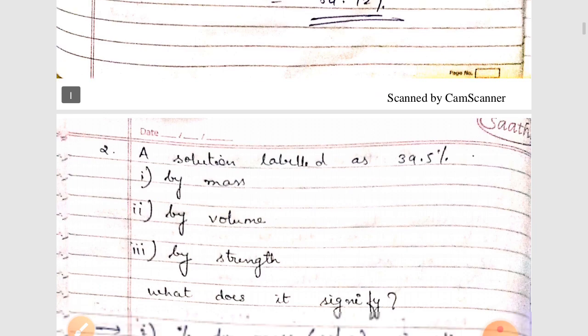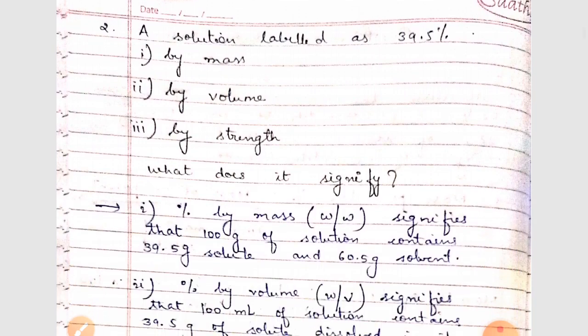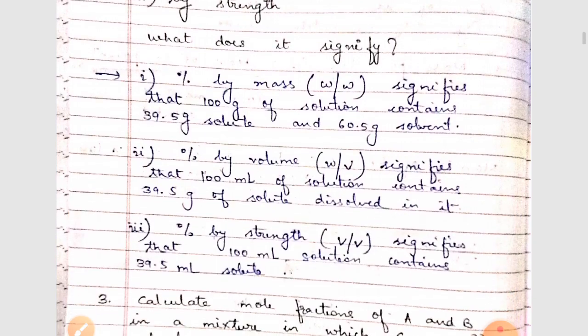Now let's come to the second question. A solution labeled as 39.5% by mass, by volume, by strength, what does it signify? So the first is a solution labeled as 39.5% by mass. What do we mean by it?